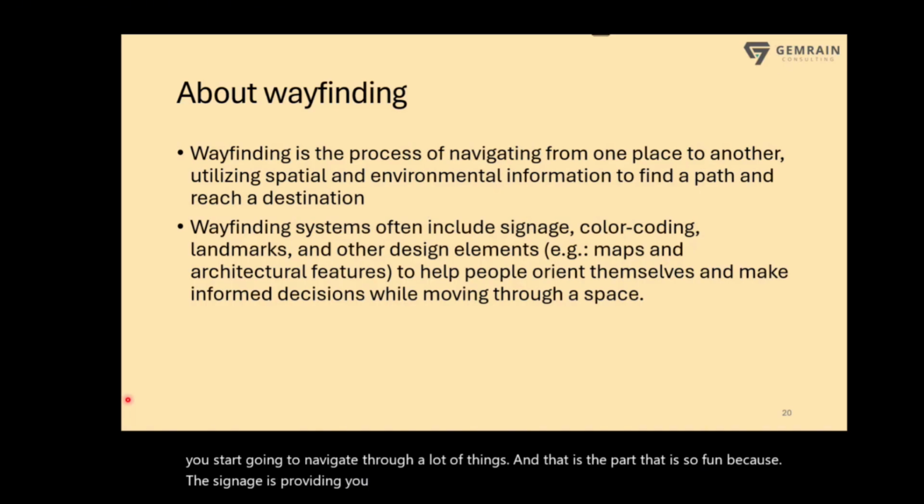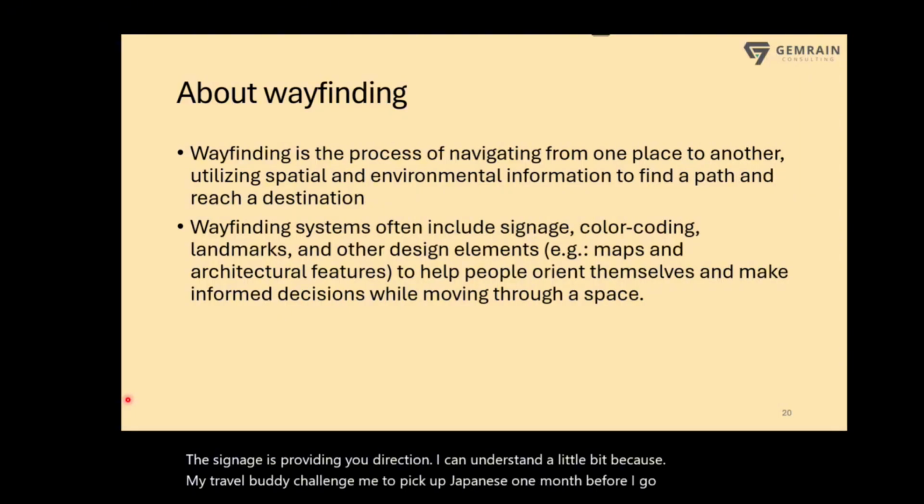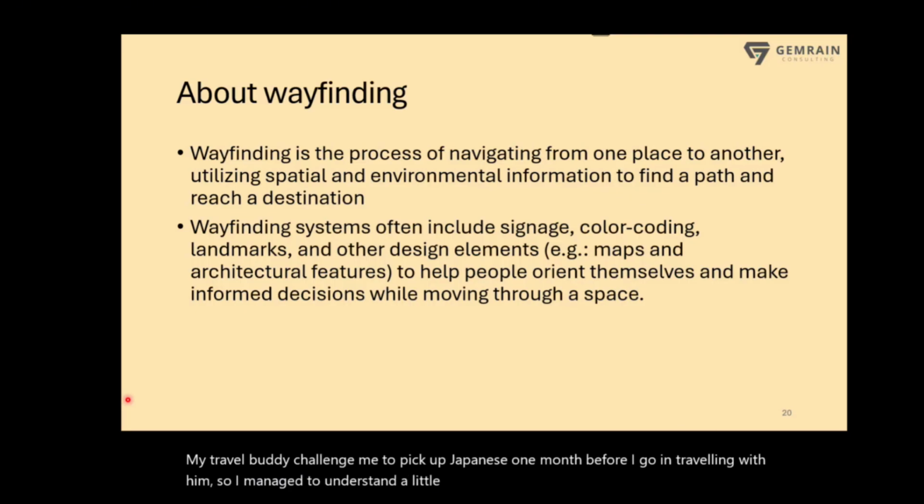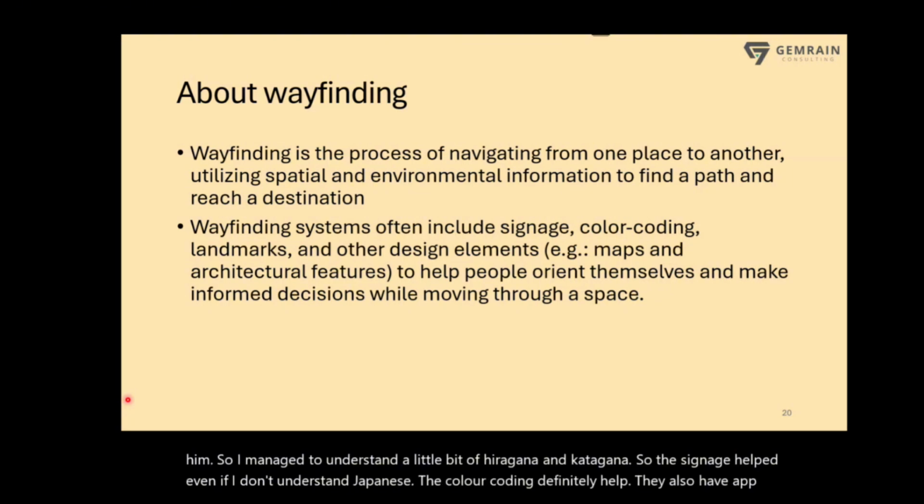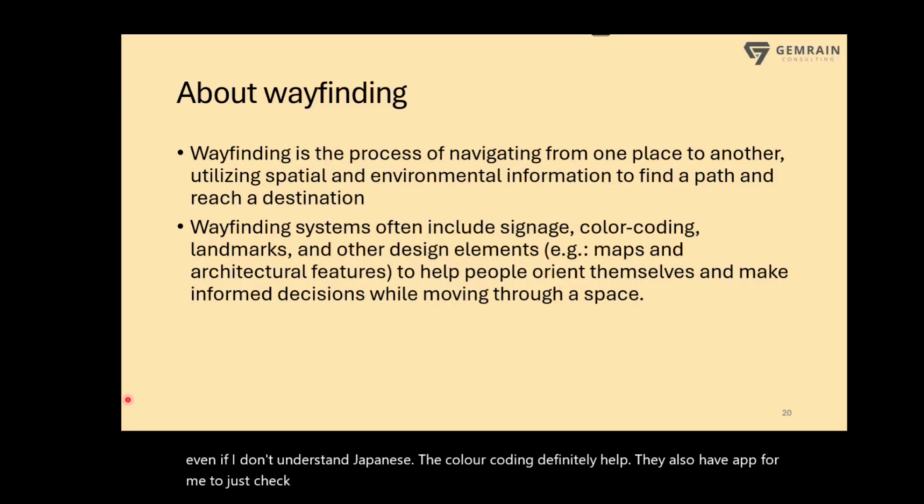I can understand a little bit because my travel buddy challenged me to pick up Japanese 1 month before I went traveling with him. So I managed to understand a little bit of hiragana and katakana. So the signage helped. Even if I don't understand Japanese, the color coding definitely helped. They also have an app for me to check, and thankfully it is in English, so I can understand where I am going.